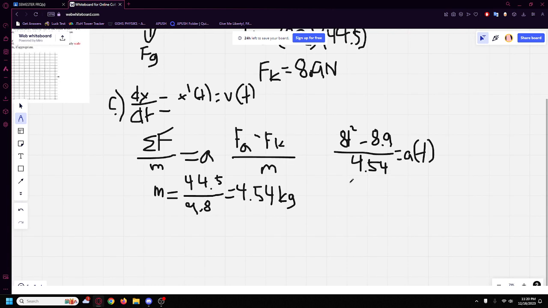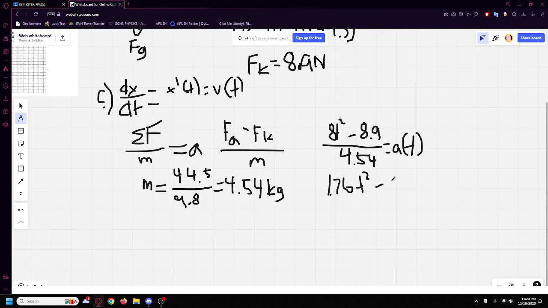After dividing, you get 1.76 t squared minus 1.96 as a of t.